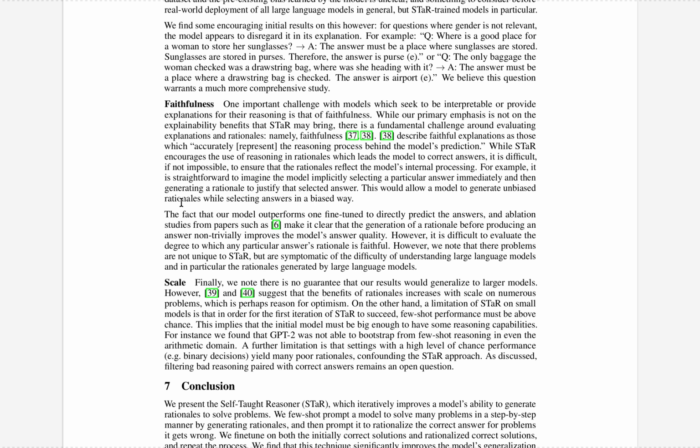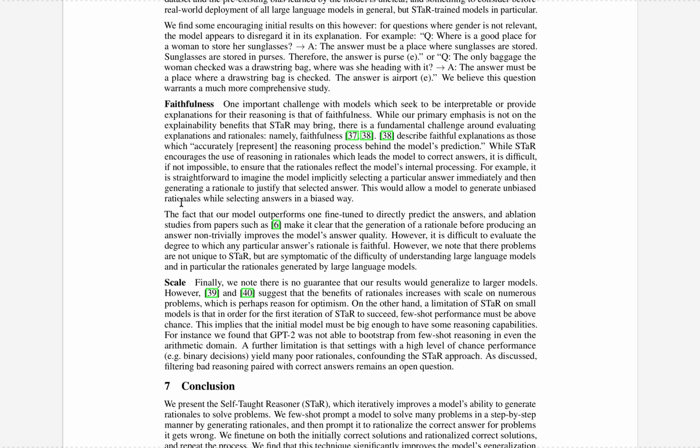This would allow the model to generate unbiased rationales while selecting answers in a biased way. The fact that our model outperforms one fine-tuned to directly predict the answers and ablation studies from papers such as 6 make it clear that the generation of a rationale before producing an answer non-trivially improves the model's answer quality.